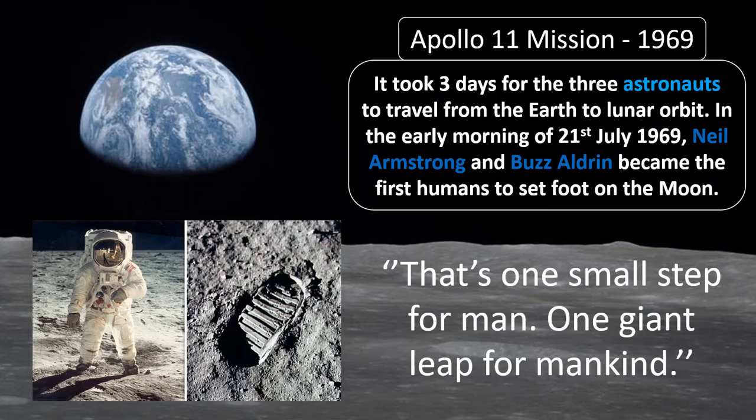Neil Armstrong was the first person, and as he got off the lander, when he put his first foot on the moon, he said, "That's one small step for man." And then when he put his second foot down, so both of his feet were on the moon, he said, "One giant leap for mankind." An amazing day in history.